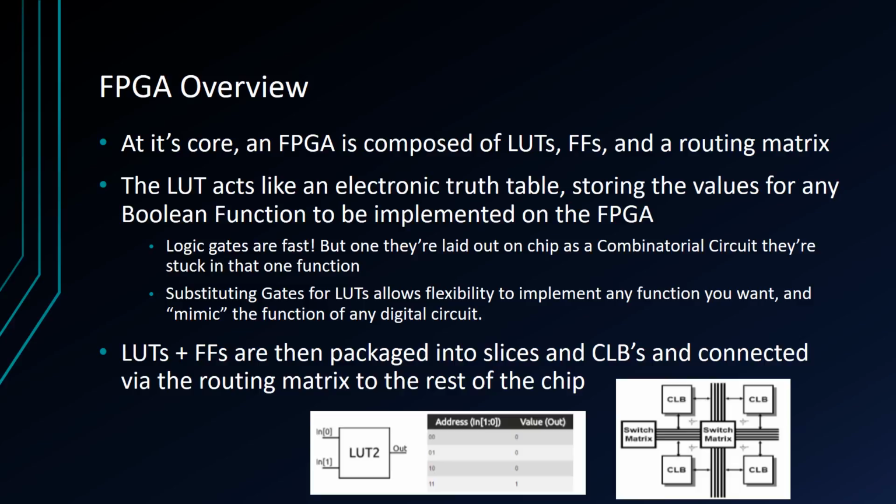By substituting the actual logic gates of some digital circuit you're trying to simulate with this lookup table, while slower, it allows you a greater degree of flexibility and the ability to mimic the function of any digital circuit using an FPGA. These lookup tables and flip-flops are packaged into slices and complex logic blocks and then connected to a global routing matrix to make or break connections as needed on the chip.